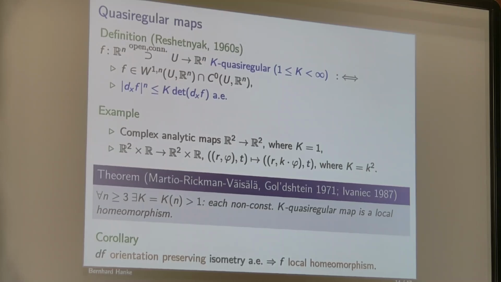If you pass to local coordinates, maybe with a little bit larger number than 1, but you can apply this fact here, and you see f is a local homeomorphism. And once you have this fact, then f is a metric isometry, as I've shown before. So by lending this theorem from the theory of quasi-regular maps, we are done, and we can prove, or have, this characterization of metric isometries.